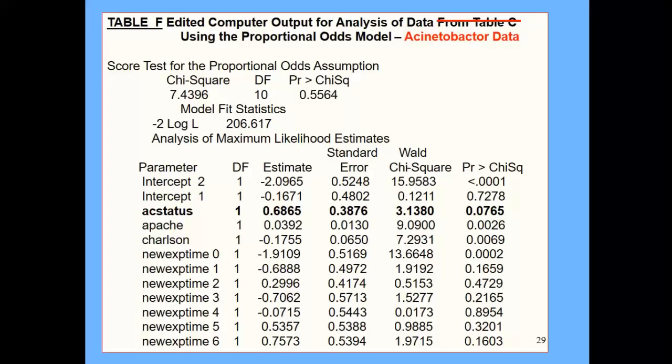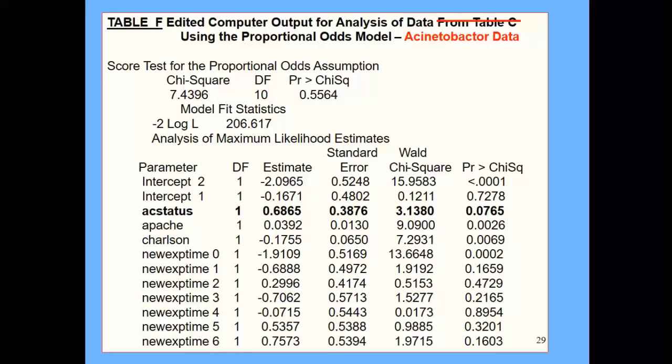That was the 8 categories, and there's one variable mentioned for each of these different dummy variables. The AC status variable, Apache, and Charleston are all there. You don't see two estimates for each of these variables, only one.